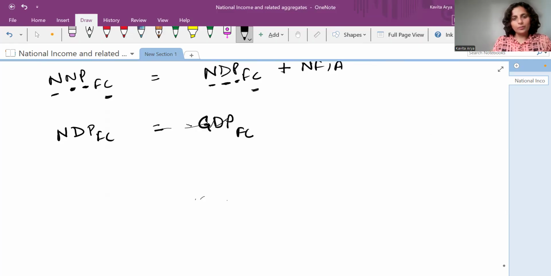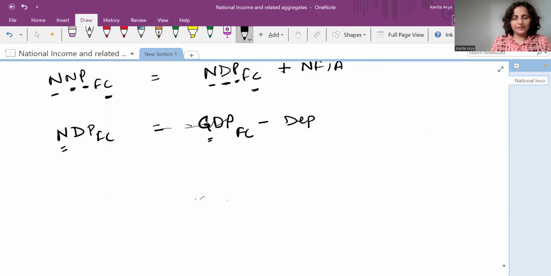So how do we go about it? Gross is to be converted into net. So gross minus depreciation gives you net. DPFC and DPFC are the same. So we are done with this conversion.